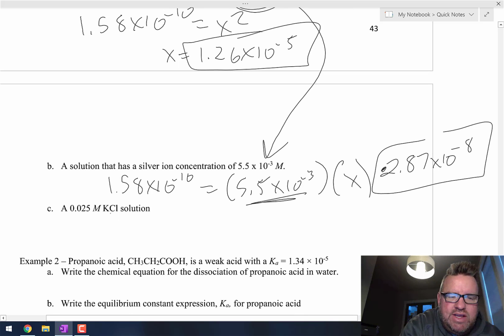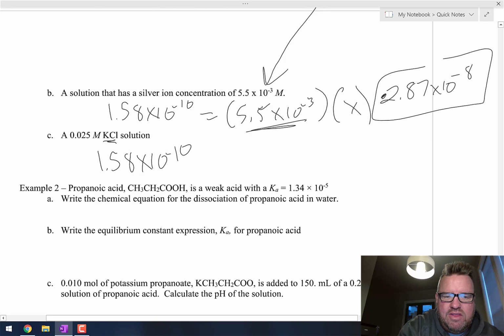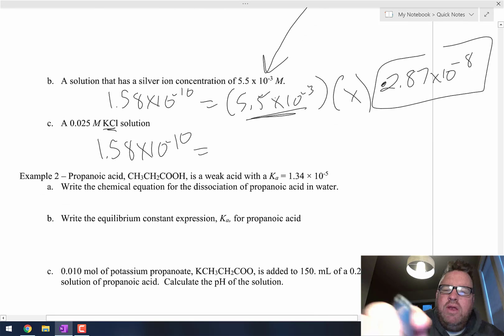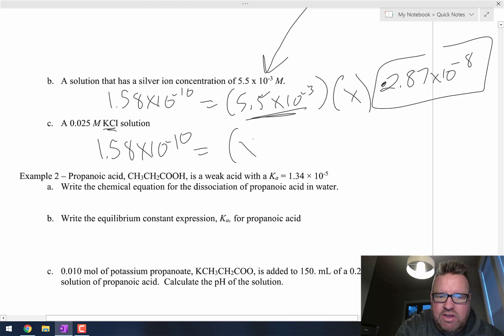Letter C says a 0.025 molar KCl solution. Again, we don't care about the K as much, but now that means the chloride ion concentration is 0.025. So once again, 1.58 times 10 to the negative 10th is going to equal, now the common ion isn't the silver, it's the chloride.